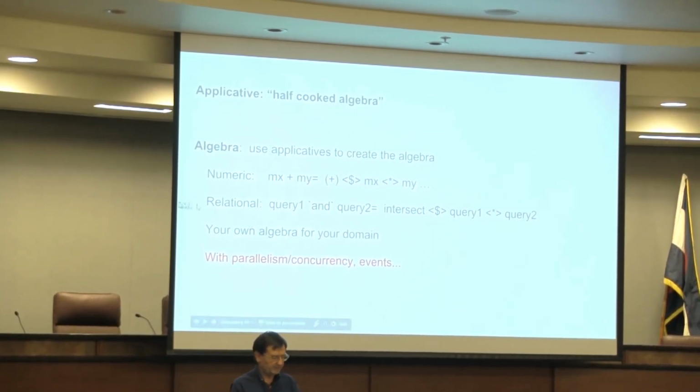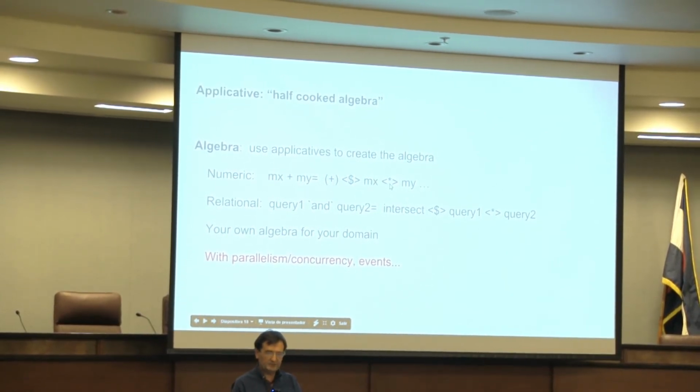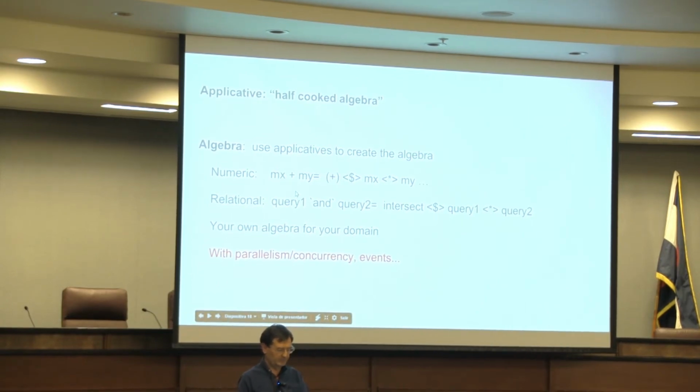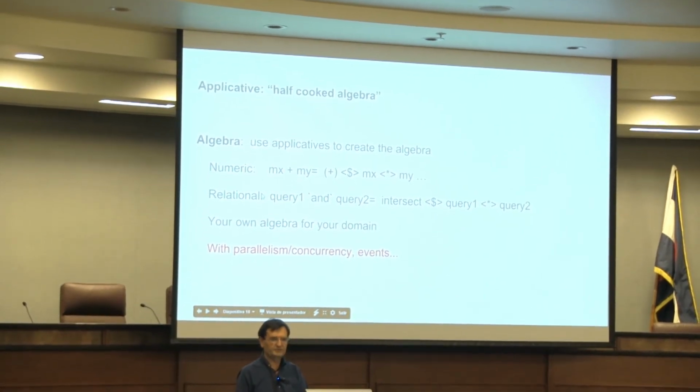So we can create numeric algebras or relational algebras with the applicative. And because the applicative handles events, asynchronicity, anything, you are free from effects, and you can use your formulas literally to program without concern for effects.